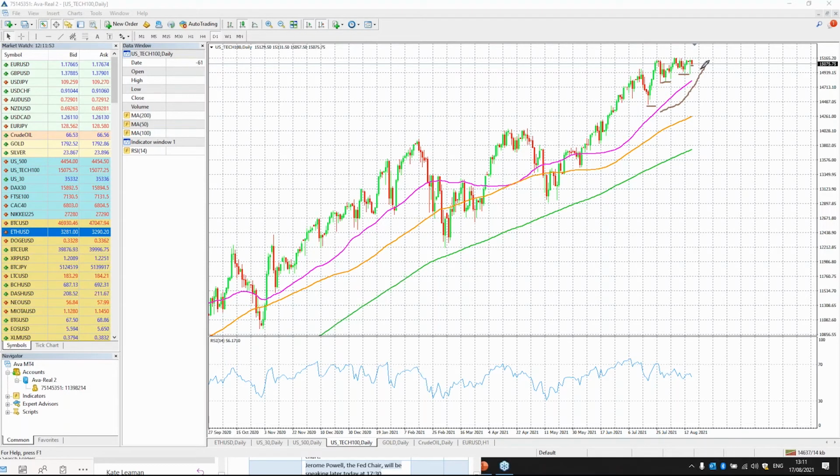So it's grinding to the upside, but no substantial, not really explosive moves, apart from the exception of this particular rally right over here, where we did have that explosive move. After that, the momentum has been very much in a sideways price action, as you can see over here.